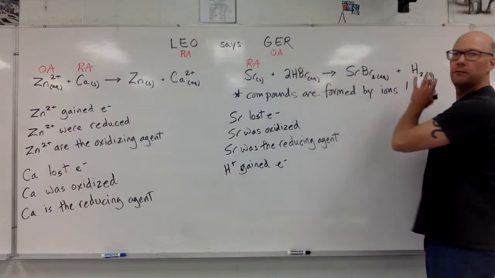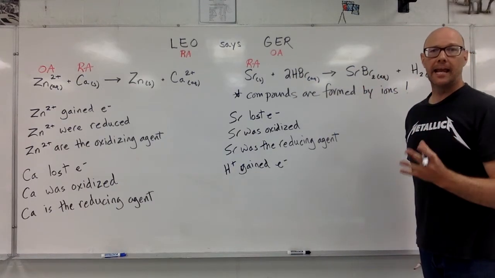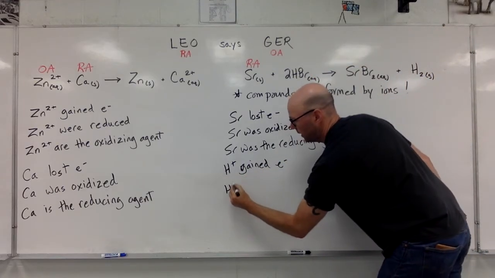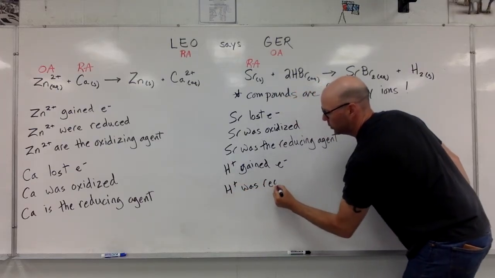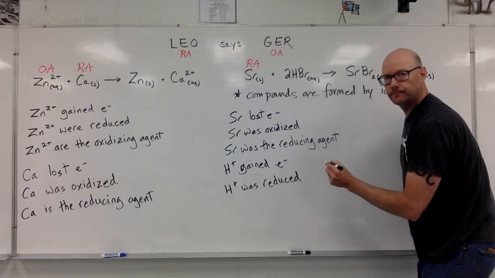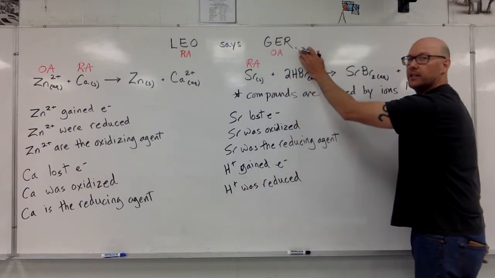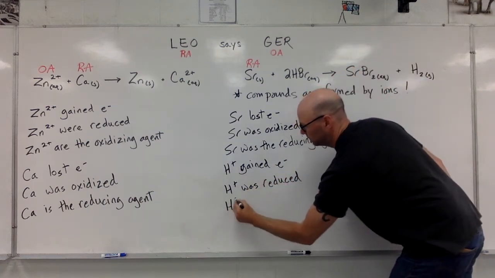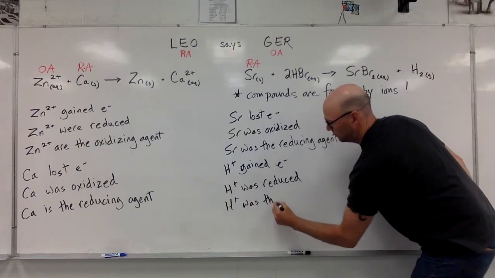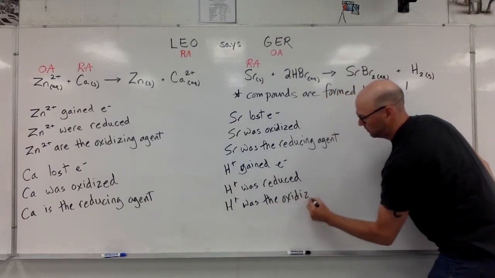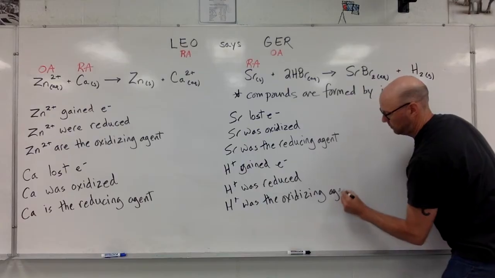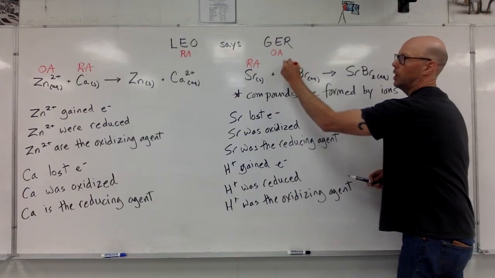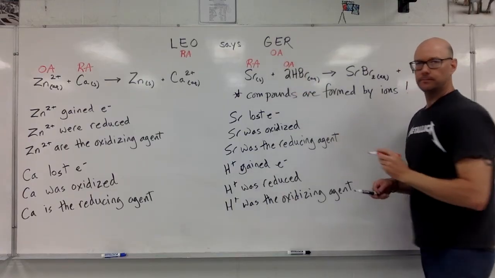To go from positive to neutral, that requires a gain of electrons. And a gain of electrons is reduction. H plus was reduced. And the substance that is reduced we call the oxidizing agent. The hydrogens here were the oxidizing agent.